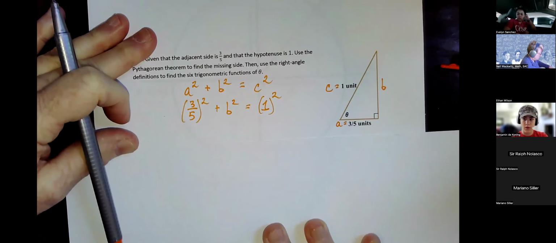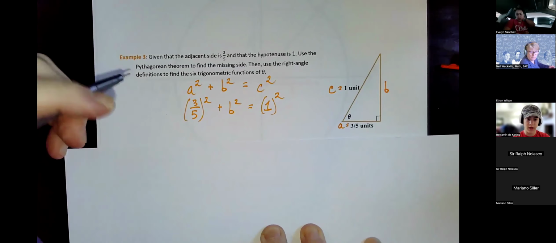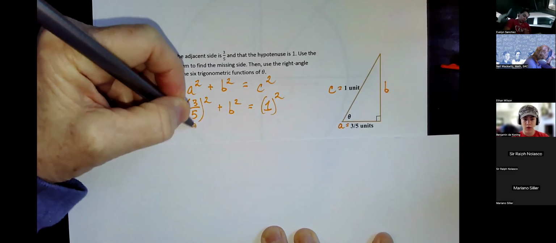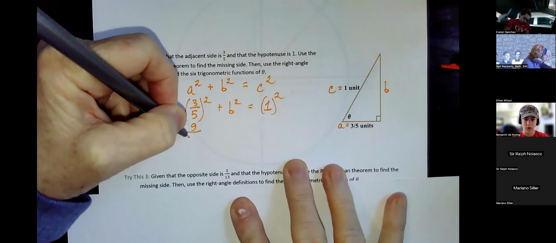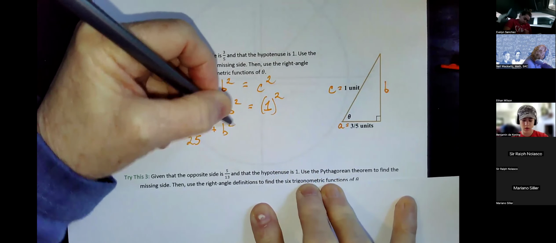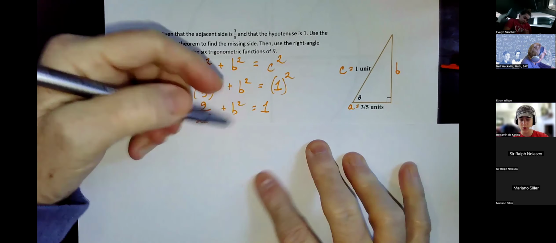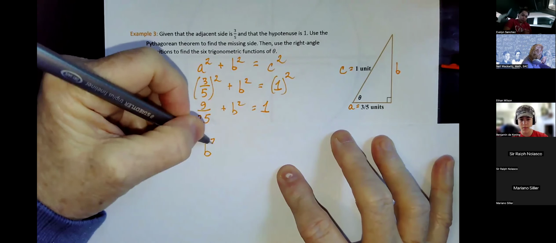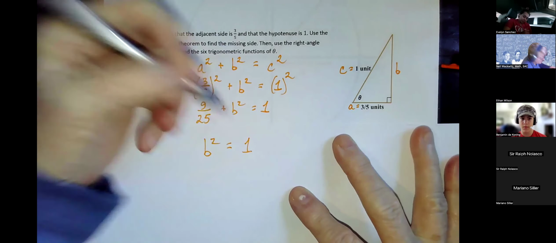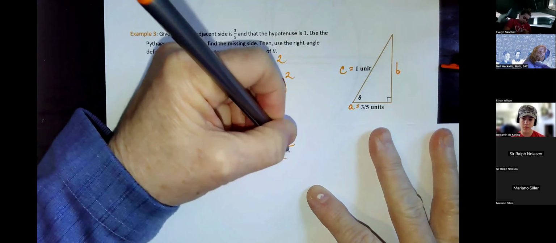So now if we square 3/5, that'd be 9/25. And then we could subtract that from 1, and then that'd be our answer for B squared, and then just take the square root of that, right? Yeah, so let's see, we've got B squared is 1 minus 9/25.